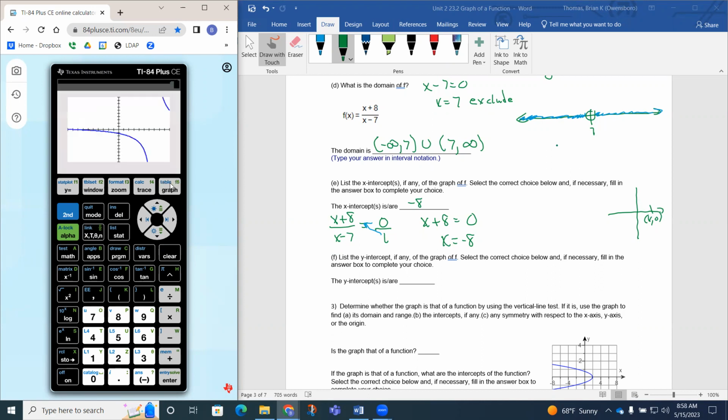If we graph that, we do see that the graph crosses the x-axis over here somewhere. If I look at the second table, if we look at -8, notice that -8 does give me 0, so that would be the x-intercept.